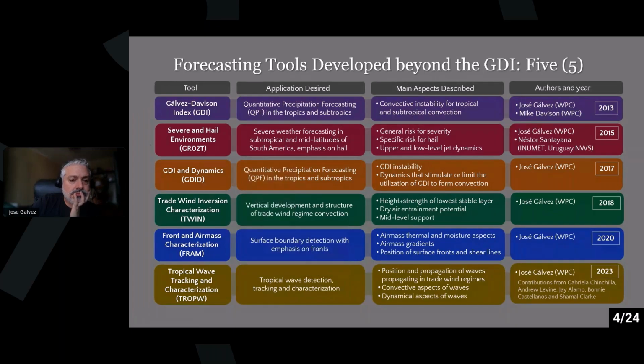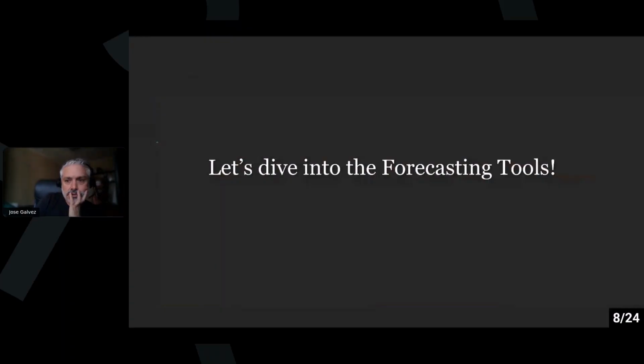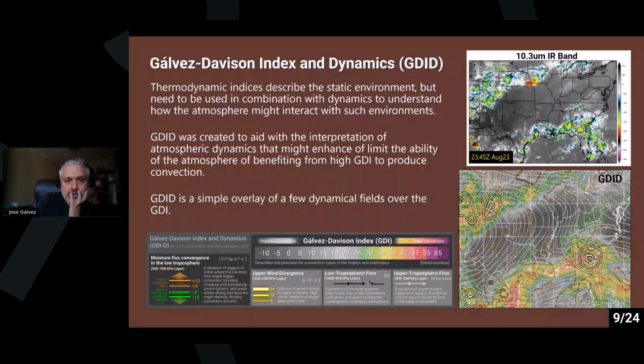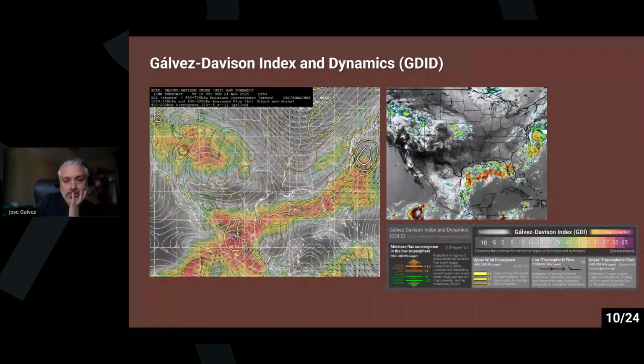The GDI is just telling you a portion about the instability of the atmosphere, but you need to consider what the triggers are, what the other elements are. So it doesn't mean that the index is failing, it just means that you haven't considered all the parameters. So always keep that in mind when making a decision.